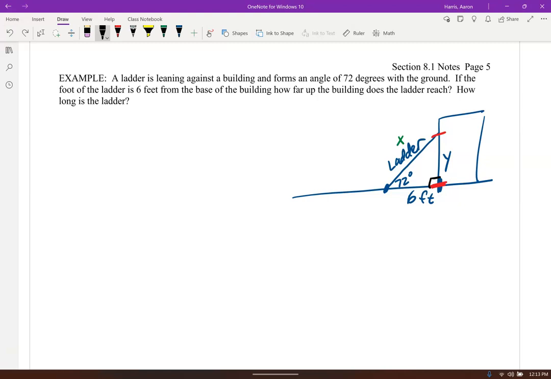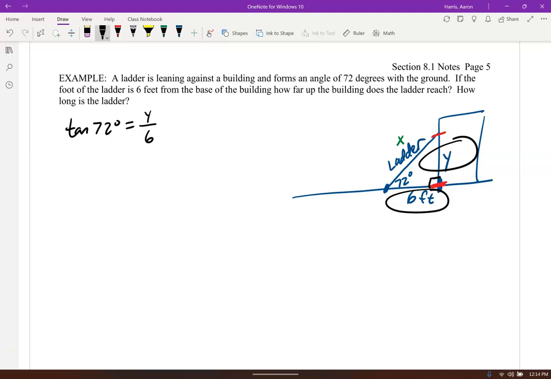Do I want to use cosine of 72? I could. That'd be adjacent over hypotenuse, but I kind of want to solve for y first. So how about we use tangent? That's the opposite over the adjacent. And then I can solve for the first question. How far up the building does it reach?